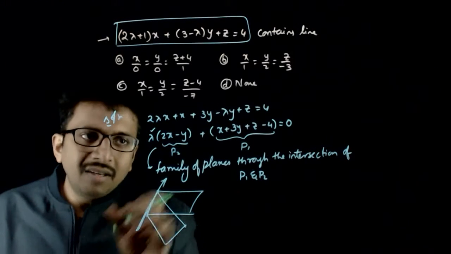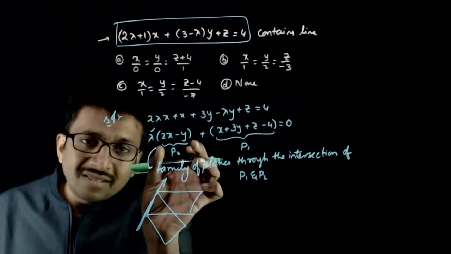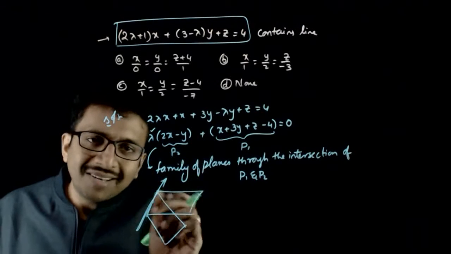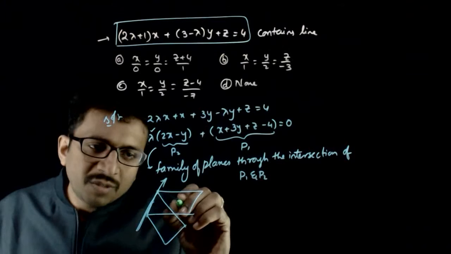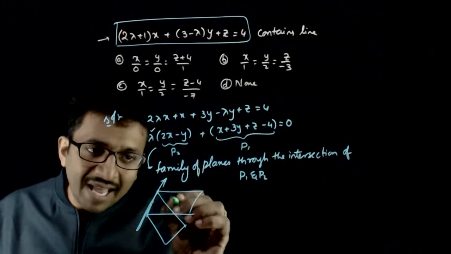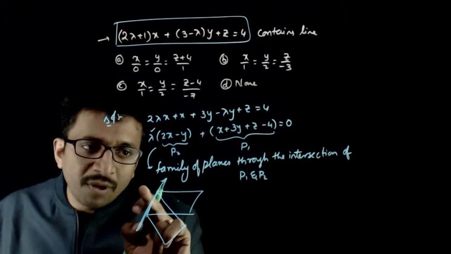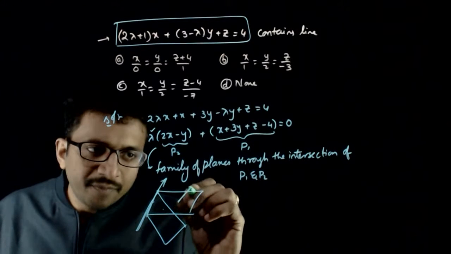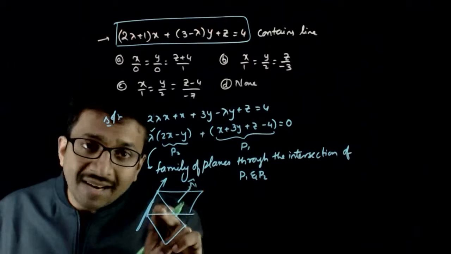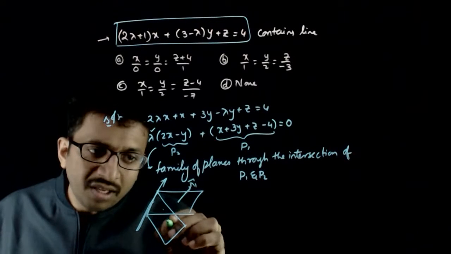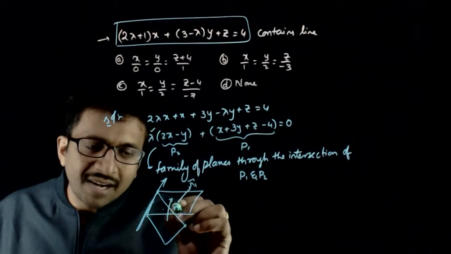To find that, you just need to understand one logic: this line is present in this plane as well as this plane. That means this line is perpendicular to the normal of the first plane, and this line is also perpendicular to the normal of the second plane.